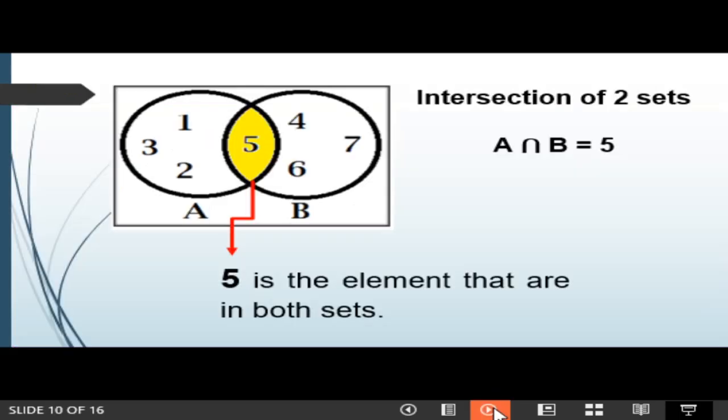As you can see here, 5 is the only element that is in both sets. Meaning to say, when we are making a Venn diagram showing the intersection of two sets, we need to intersect the two shapes or geometric figures like this, wherein the shaded region is the intersection and the number on it is the common element in both sets.